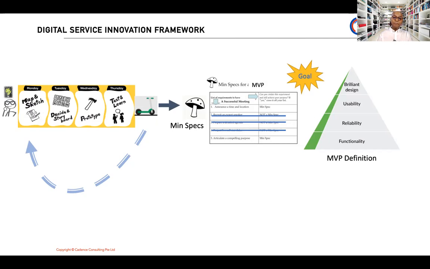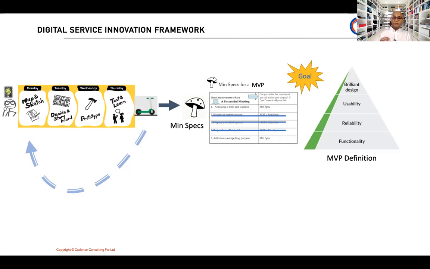This involves developing an exhaustive list of must-have, good-to-have, and nice-to-have features possible to achieve the overall service goal. The team then goes through each one to check if they can do without it and still achieve the goal. If it's possible, then that feature is dropped from the list. The shortest possible list of features to achieve the goal becomes the minimum viable product specification.